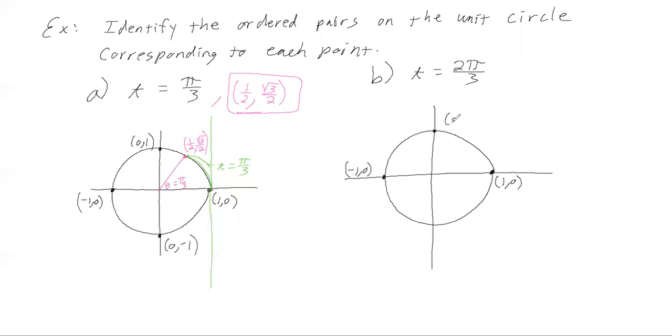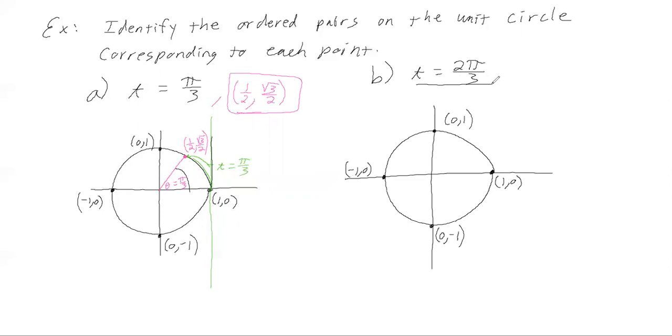This is the point 0, 1. And this is the point 0, -1. Remember these t values on the unit circle would be the same as that angle value, that theta value. So if I have a t value of 2 pi over 3, it's like having a theta value of 2 pi over 3.